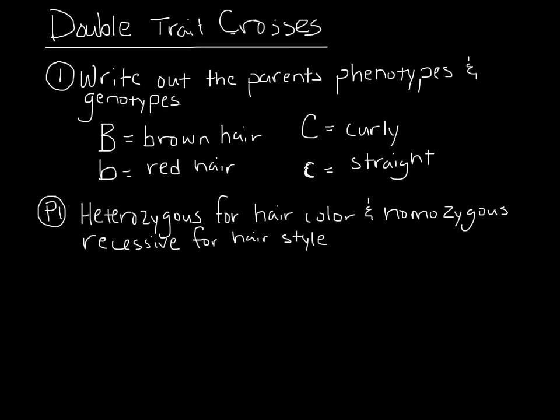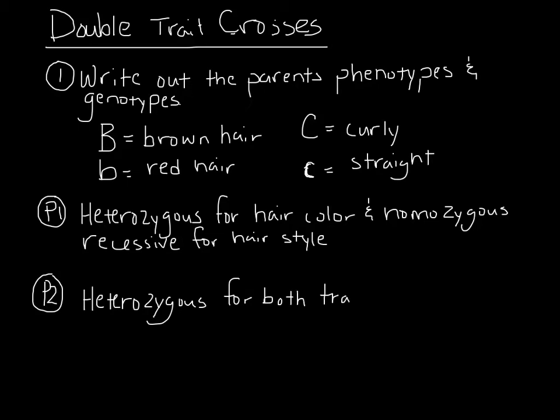Okay? All right. Parent 2 is going to be heterozygous for both traits. All right, so step number 1, we have to write out the parents' phenotypes and genotypes. Okay, so let's go ahead and do that.